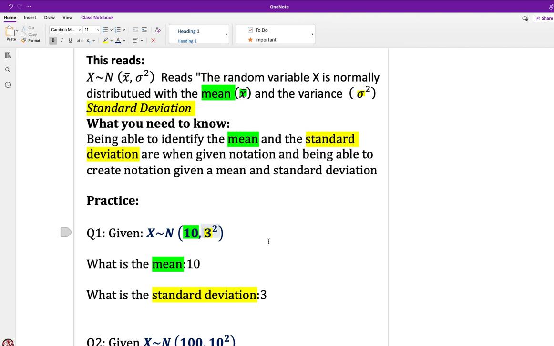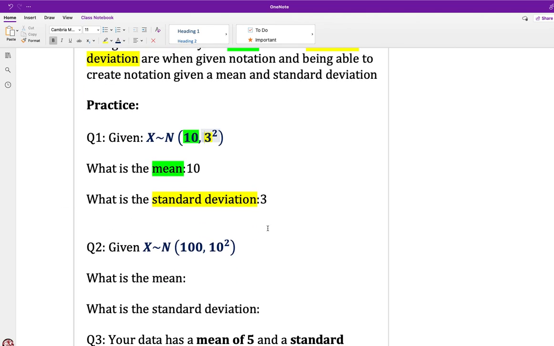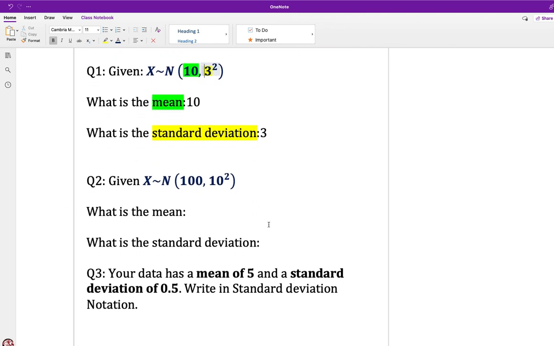Perfect. So let's try another one. Given x is normally distributed, 100, 10. What's our mean and what's our standard deviation? I'll give you 10 seconds.